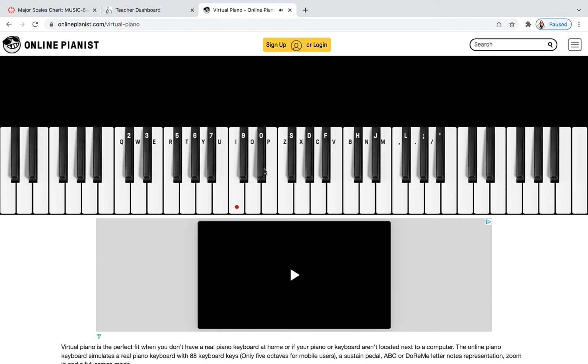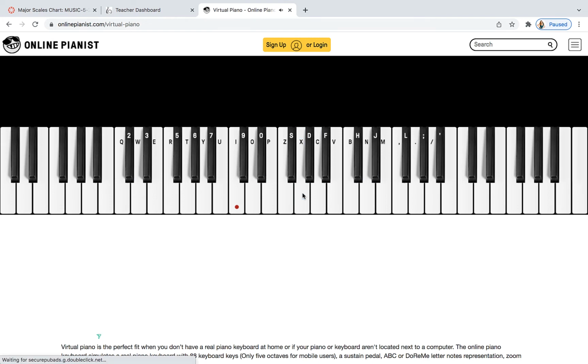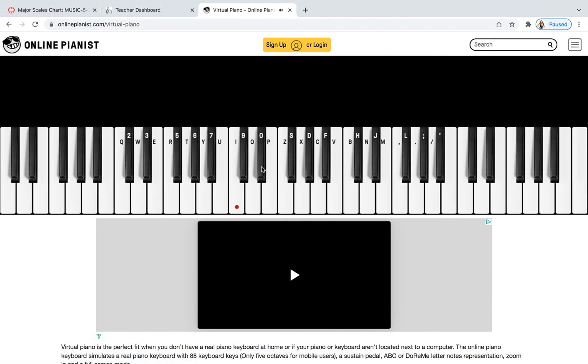E flat. Okay. And as I did that scale, I went whole, another whole, half, whole, whole, whole, half.